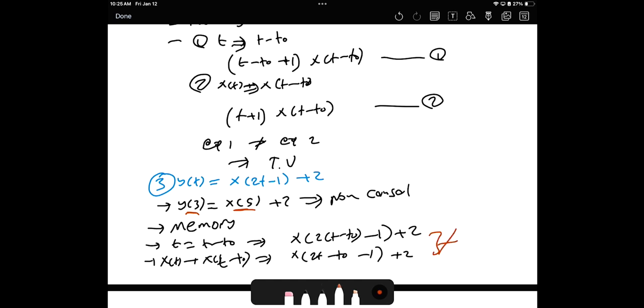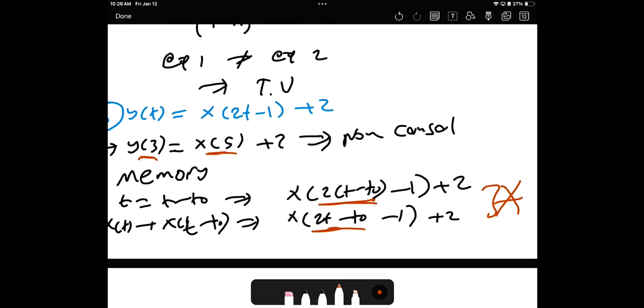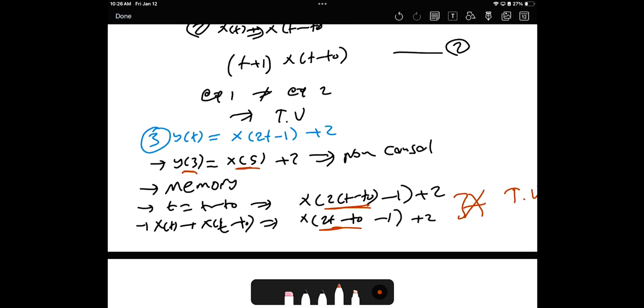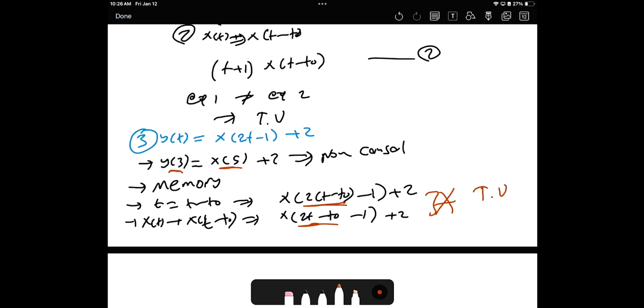These two are not equal to each other, therefore it is time variant. Because here it is 2t minus t0, while here it is 2t minus 2t0. So in one the t0 was between brackets, but in the other it is not between brackets. Okay? Therefore it's time variant. Any question?